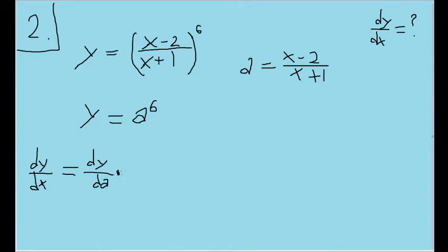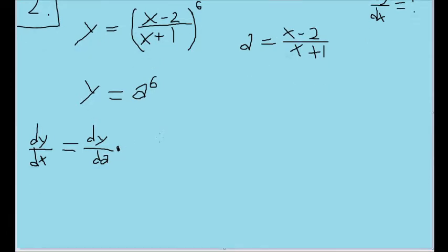I'm going to leave this multiplication symbol here because we're not quite done with this yet. Remember that the whole idea behind the chain rule is that in order for this equation to be complete, we must also have the derivative of a with respect to something that will lead us to x.